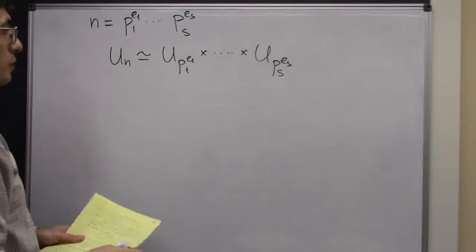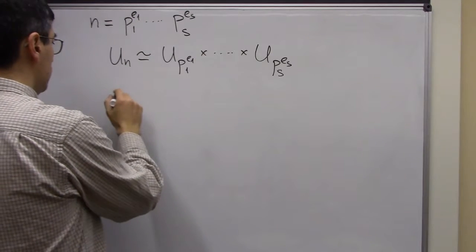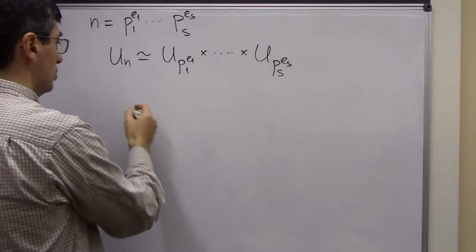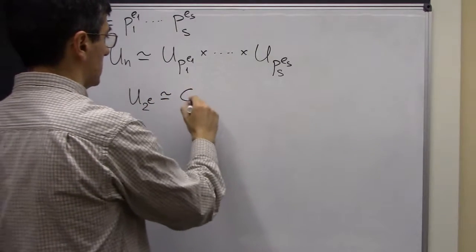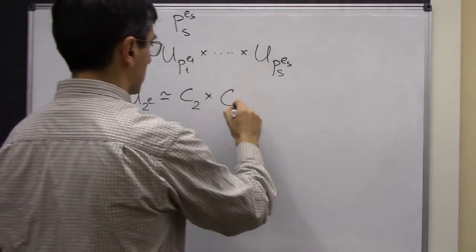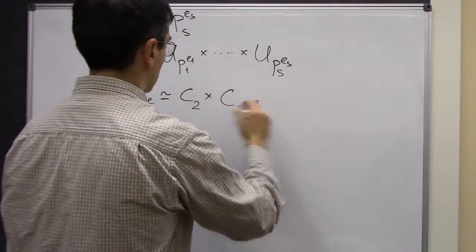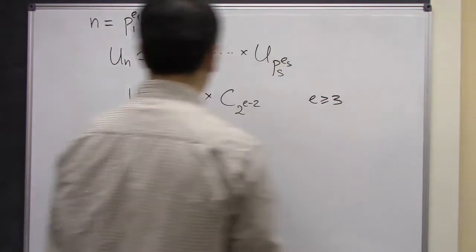Okay? Now, what else do we know? We know that if p is 2, then U_{2^e} is isomorphic as an abelian group to a direct product, assuming e is larger than 3.